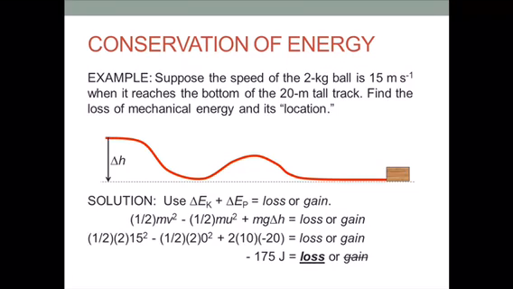We get negative 175 joules, meaning because it's negative, it's a loss and not a gain. And this system lost 175 joules as drag and friction heat because there are no other ways that the ball could lose that energy.